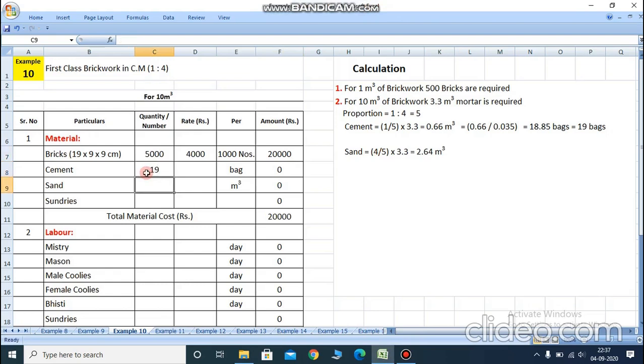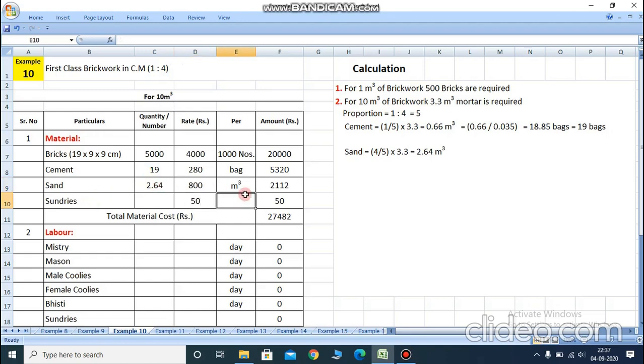Then after the sand quantity, we calculate 2.64, and the rate per cement bag is 280 rupees as per the textbook rate. Then the sand value per meter cube, the sand rate, is 800 per meter cube, and we take 50 rupees as an extra cost.